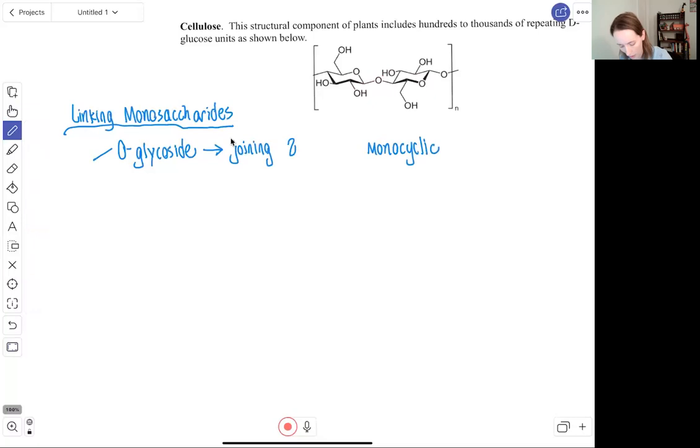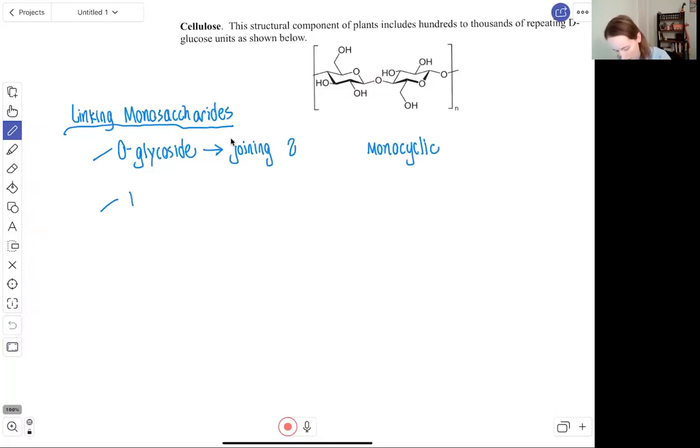And what is going to be the case in the general paradigm, and there is a lot of variability with sugar chemistry, but the general paradigm is that the glycosidic bond originates at the anomeric hydroxy group of one monosaccharide and then covalently tethers to the carbon atom somewhere in the ring of the next monosaccharide in the chain.